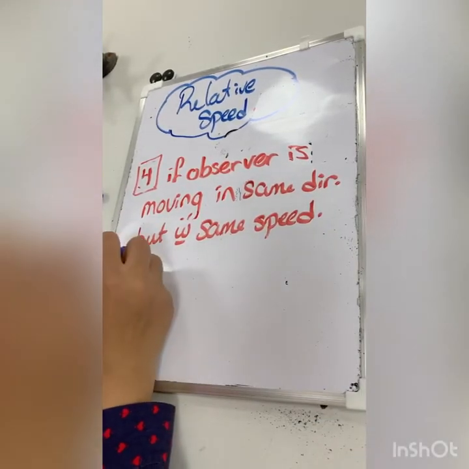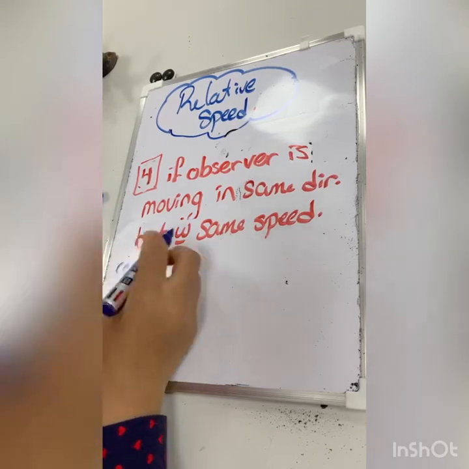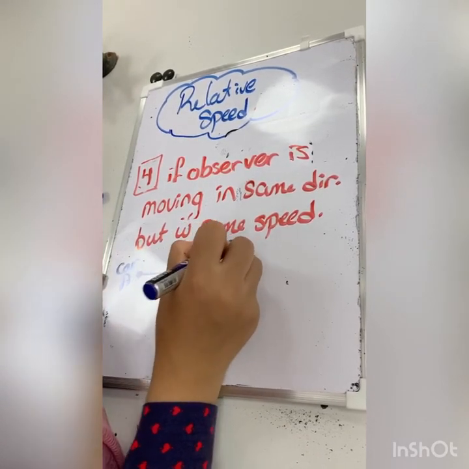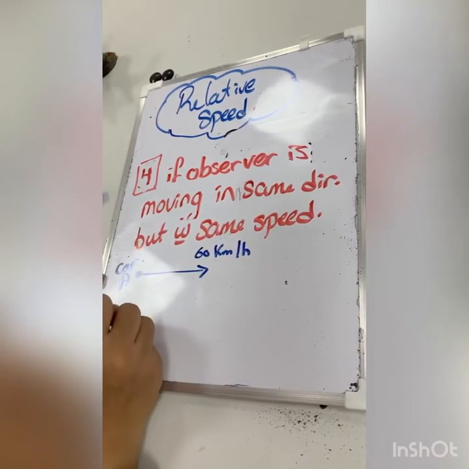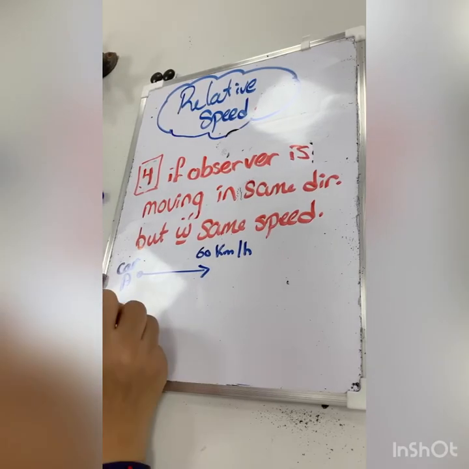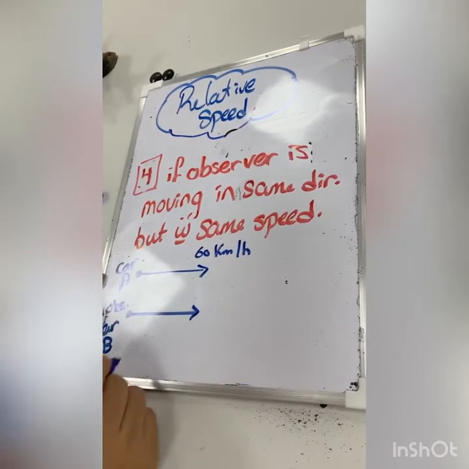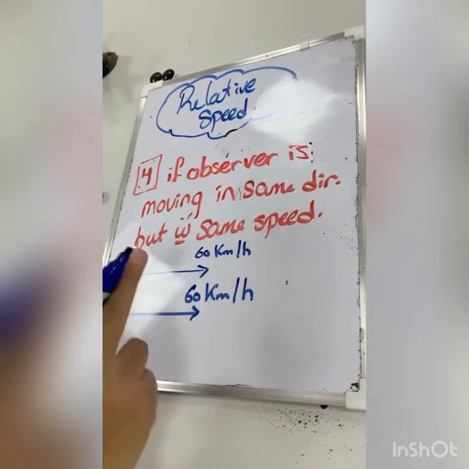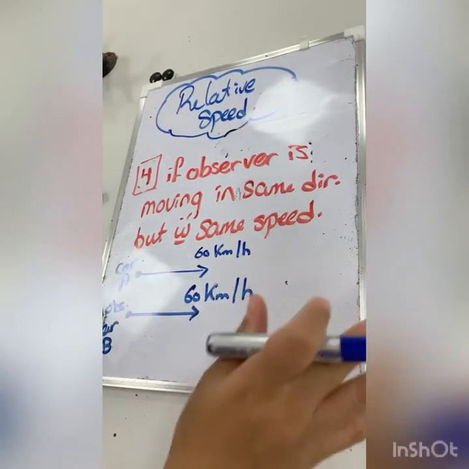This is car A, moving in this direction at 60 km per hour, and the observer, car B, is moving in the same direction, also at 60 km per hour. Same speed with the same direction.